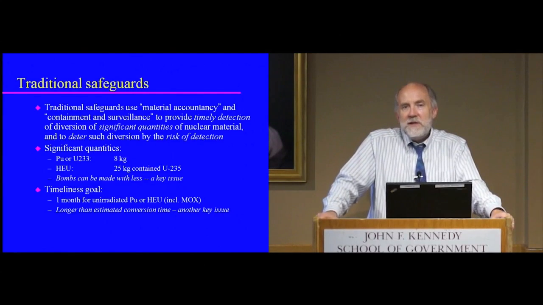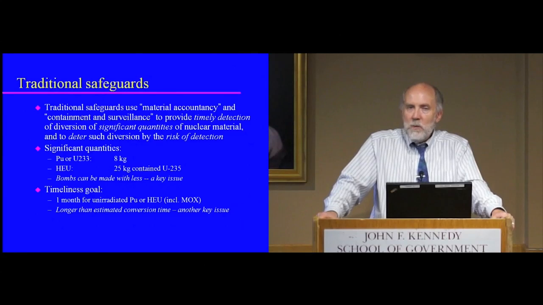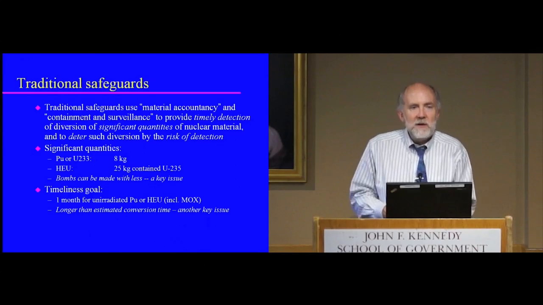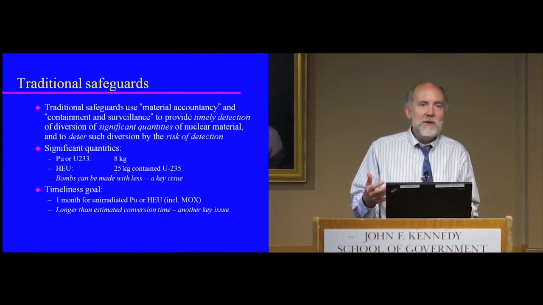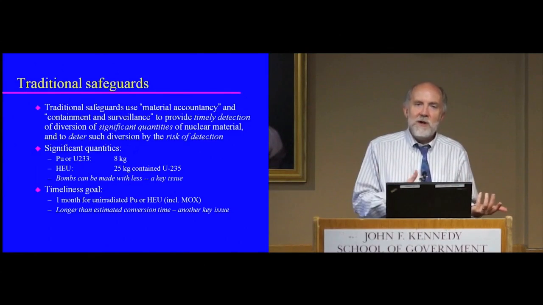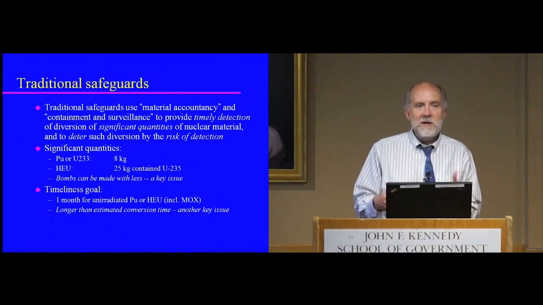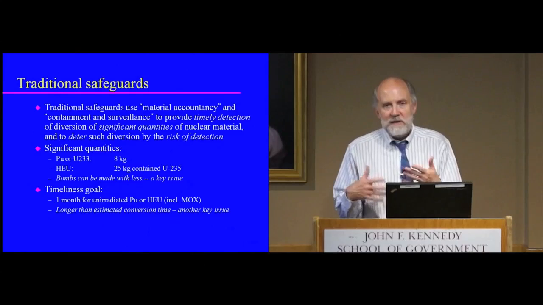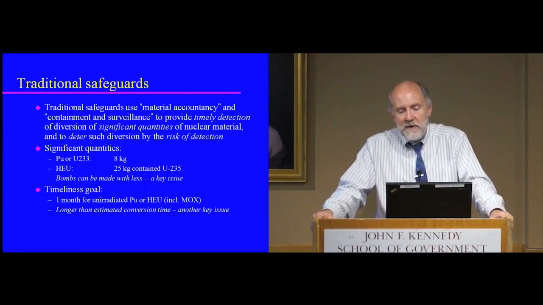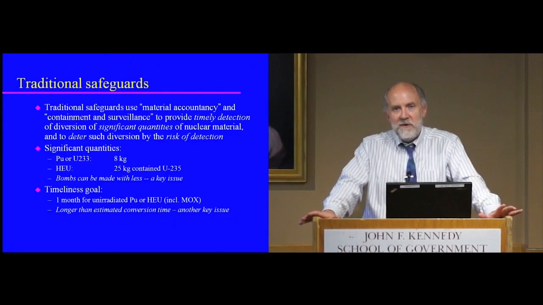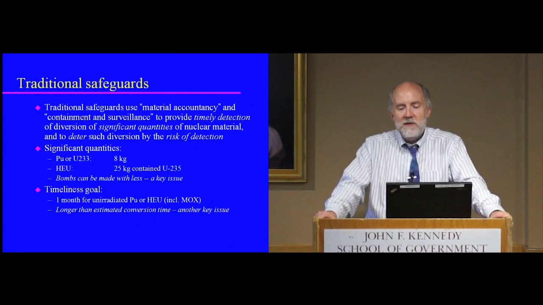They're looking for significant quantities, which in the IAEA's view is the amount that would likely be needed for a first nuclear weapon, taking into account that the first one is likely to be an inefficient one and that there's likely to be some waste and scrap in the manufacturing process and so on. And they're looking to deter the diversion of those significant quantities by the risk of detection.